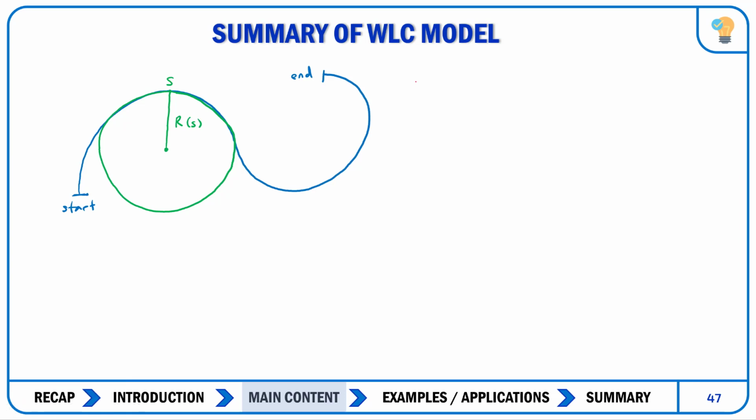We were able to calculate the energy of bending, which is kappa b over 2, integral from 0 to L being the total length L, from 1 over r squared s ds. So that was one of the main equations. We know that LP is equal to kappa b over kBT.